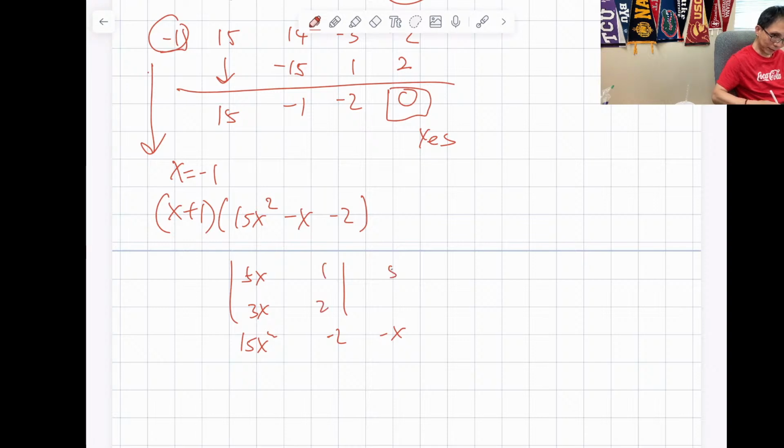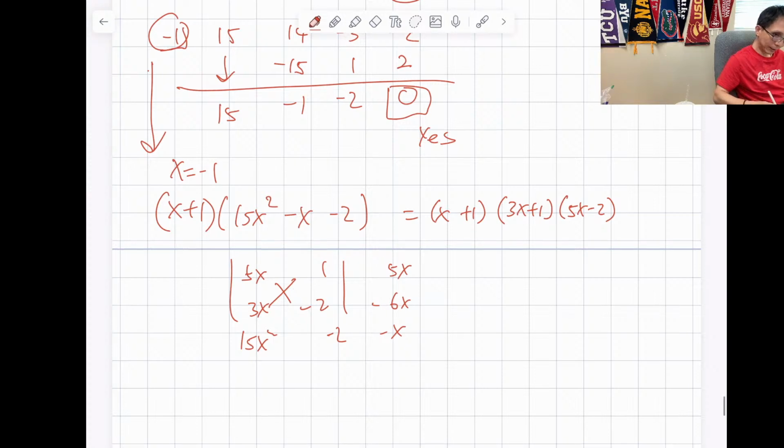Which one needs to be negative? The 2. So it'll be 5x minus 2. So this is x plus 1 times 3x plus 1 times 5x minus 2. Is that okay? I find x equal to -1, x equal to -1/3, x equal to 2/5.